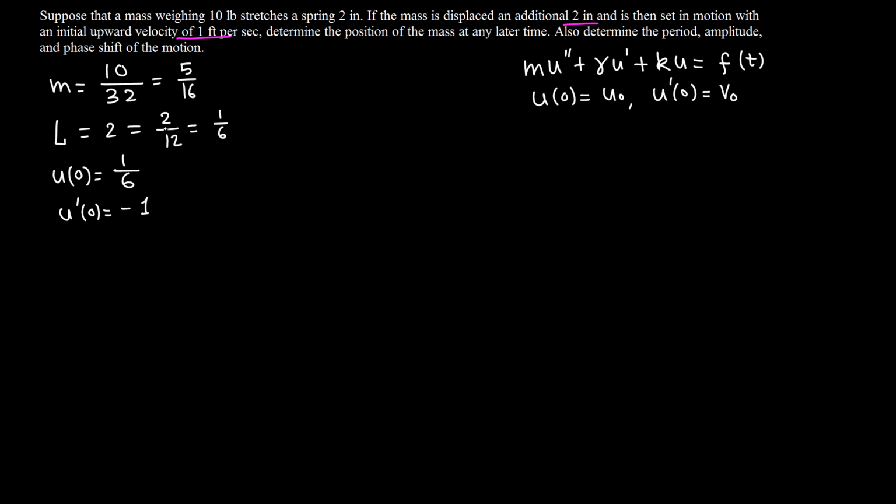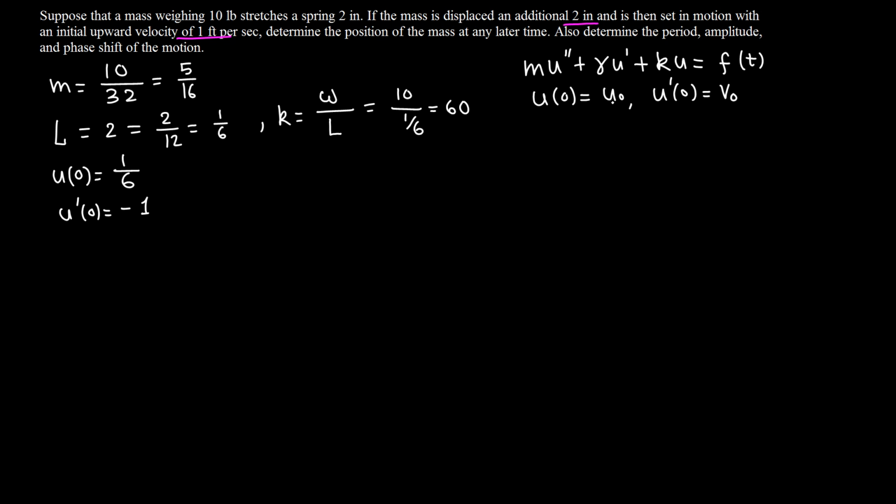So as soon as you have the stretched length, you can find k. That's the weight divided by stretched length. Weight is 10 pounds, or you can write mg, same thing, 10 pounds divided by 1/6. That means this goes on the top, so 60.